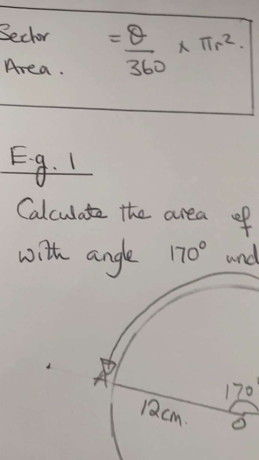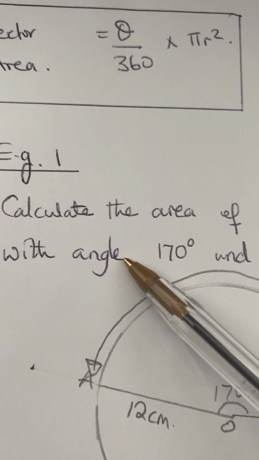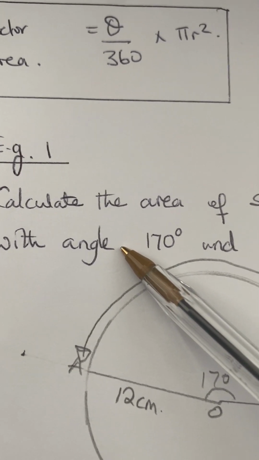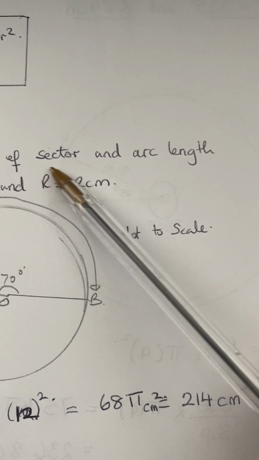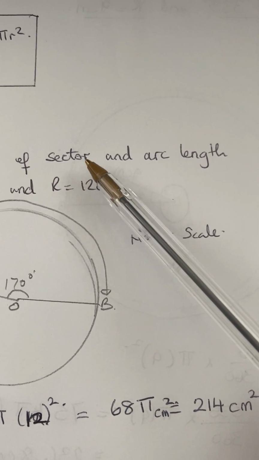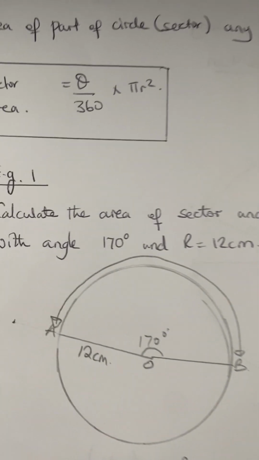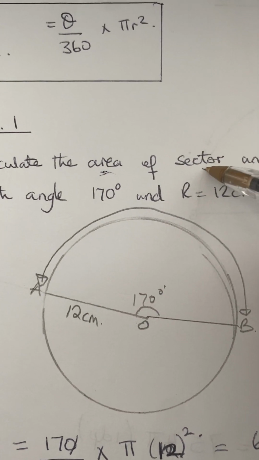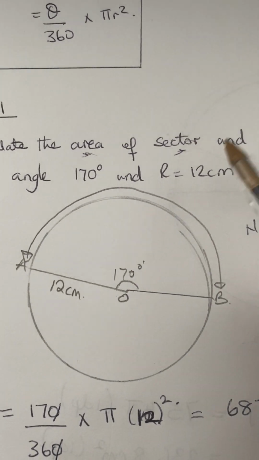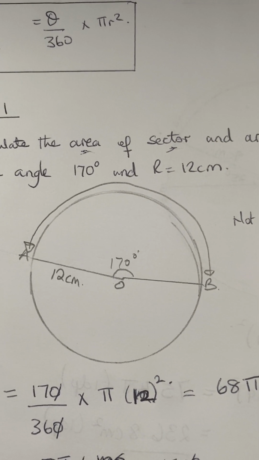So let's look at an example. The first example I have here for you today, calculate the area of a sector. So immediately you see this word, they want you to find the area of a sector. So that is a part of a circle.